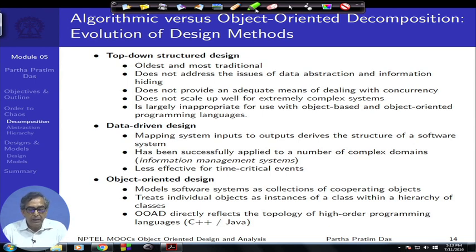This has been the basic approach of decomposition from a very long time, oldest and certainly the most traditional. This top down approach is closest to the algorithmic decomposition. It does not address issues of data abstraction, it does not deal with concurrency, and it naturally does not scale up well with extremely complex systems.